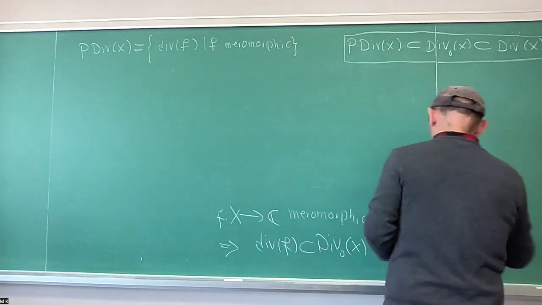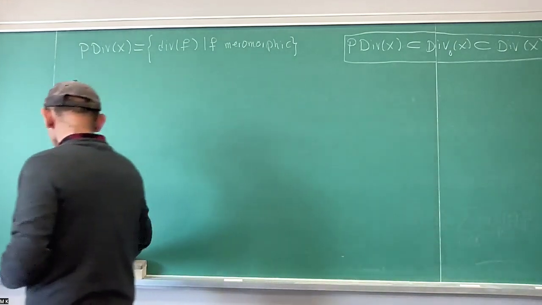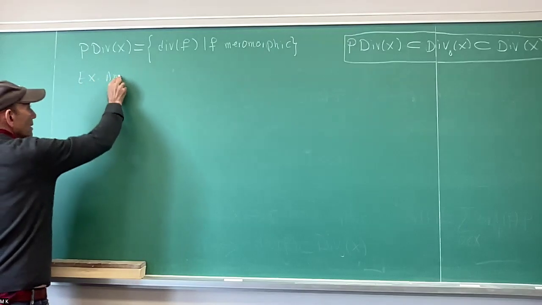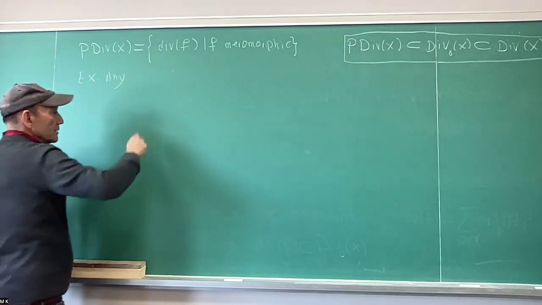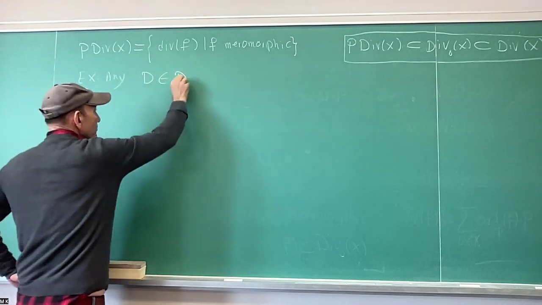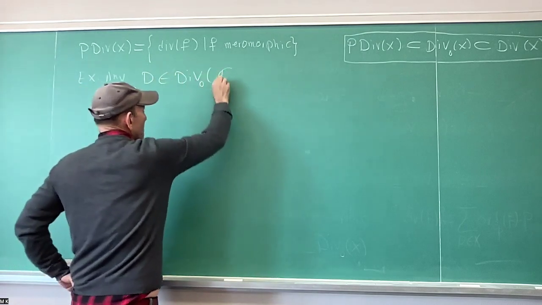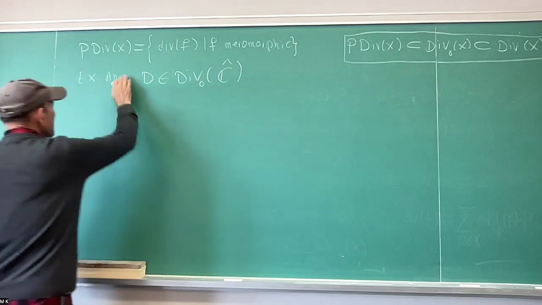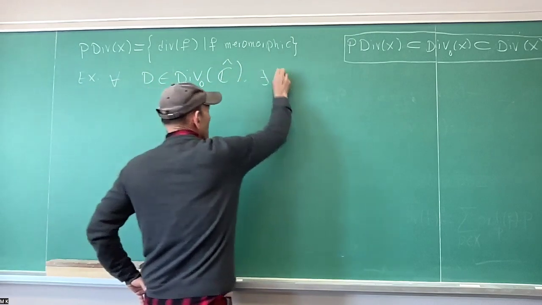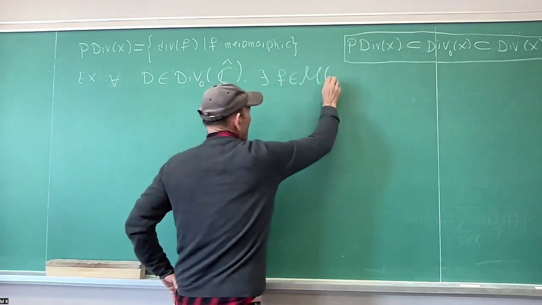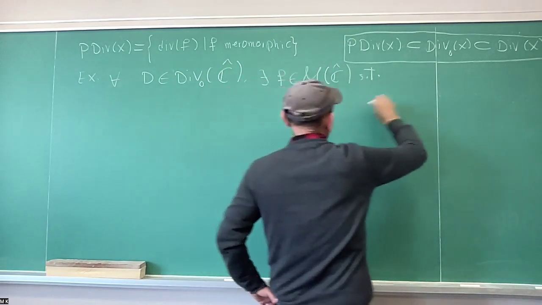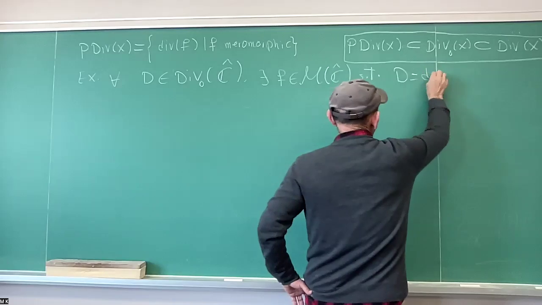But for now, actually, I think we did check that for any divisor. I gave several examples. So any B belonging to divisor degree 0 of the Riemann sphere, there exists a meromorphic function such that B is equal to the divisor of it.